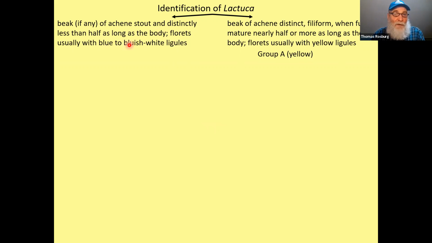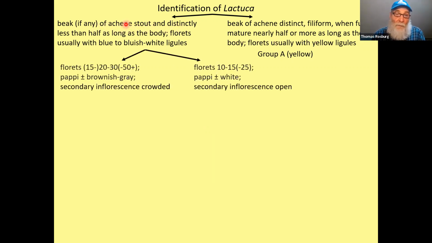These have bluish to bluish white ligules. Those 5 corolla lobes that are fused together is what a ligule is. These have yellow, generally speaking. Now, you can look at the beak too. The beak on these over here, and these are the 2 species of blue flowered ones, Biennis and Floridana, they have beaks, but they're very indistinct beaks.